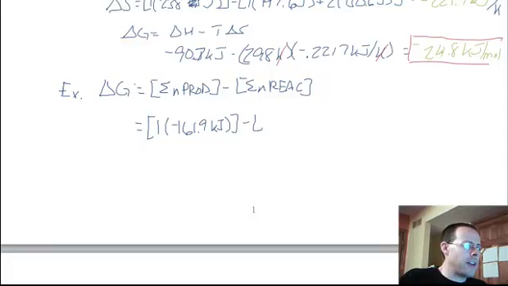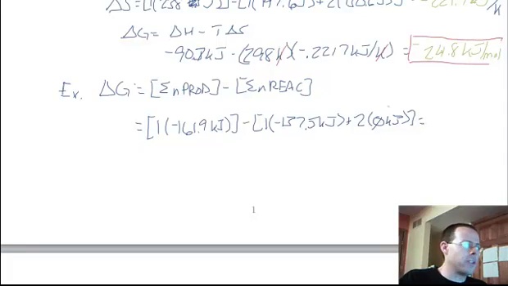And then we're going to subtract out the sum of our reactants. Carbon monoxide is negative 137.5 kilojoules, plus 2 times hydrogen, which is 0 again, kilojoules.